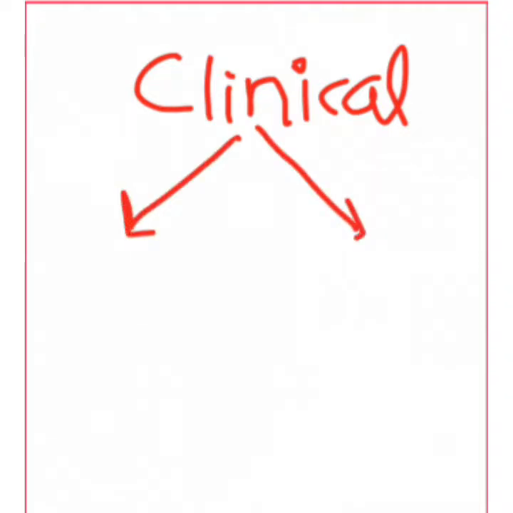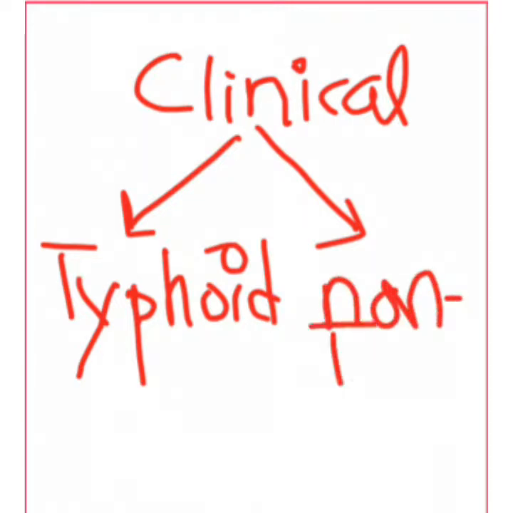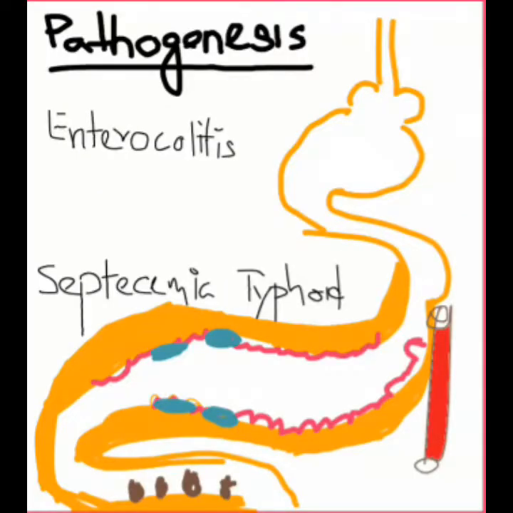Either the organism will cause typhoid fever, so it is known as typhoidal organism, or it is a non-typhoidal organism, which includes enterocolitis and metastatic infections such as osteomyelitis, etc. This organism causes multiple types of diseases: it can cause diarrhea, UTI, and even neonatal meningitis. But we will break it down into three bigger diseases.